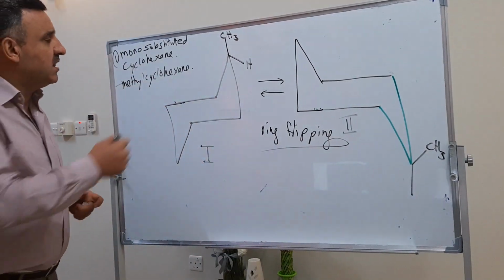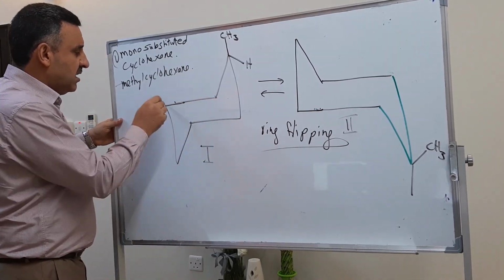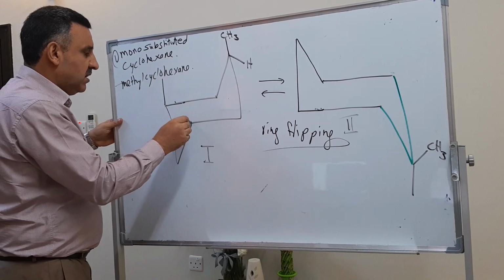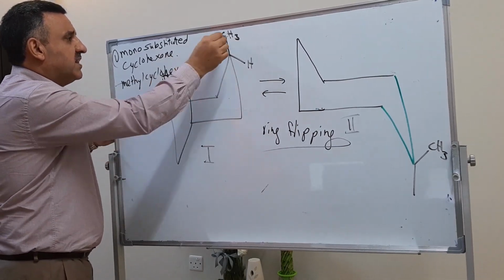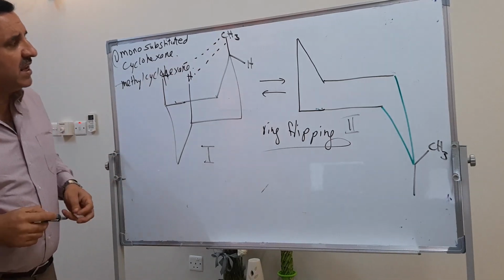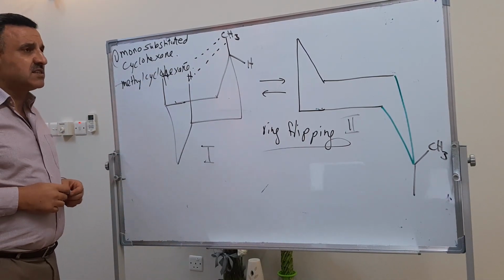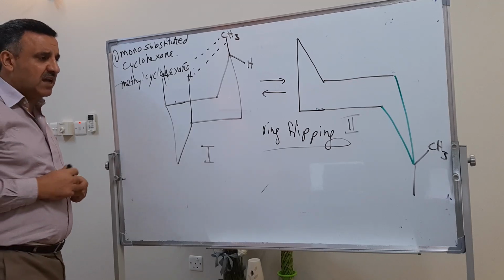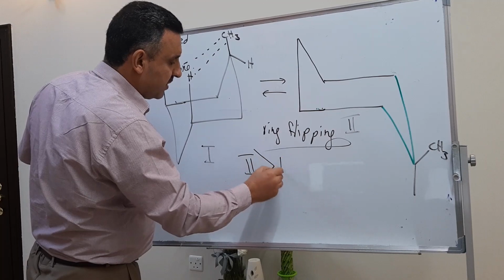While here, the 1,3 positions are these, 1, 2, 3, where there are hydrogens. If the methyl here occupies the axial position, there will be repulsive forces with the hydrogens. Therefore, definitely 2 is more stable than 1.